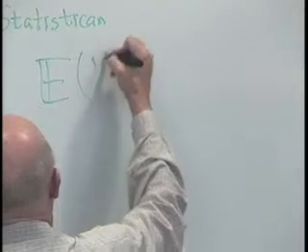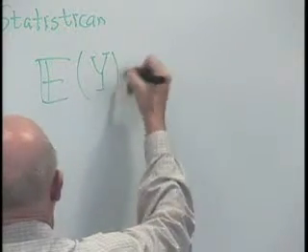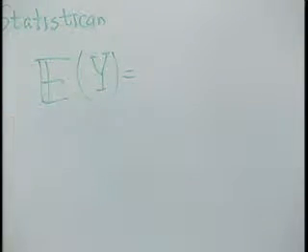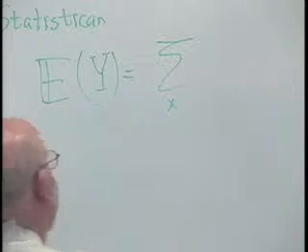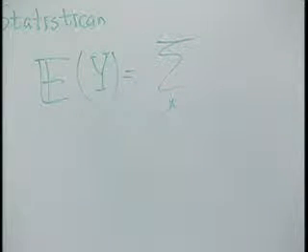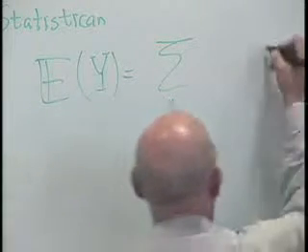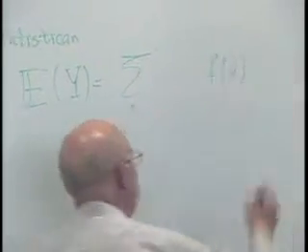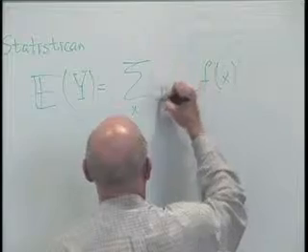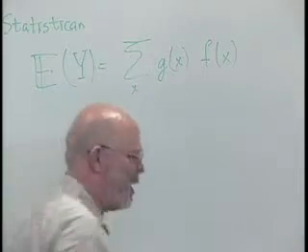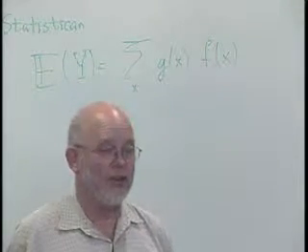The formula says this. If you want to compute the expectation of a random variable y, all you do is take all the values that x can achieve. You take the probability that x achieves that value and then multiply by your function.